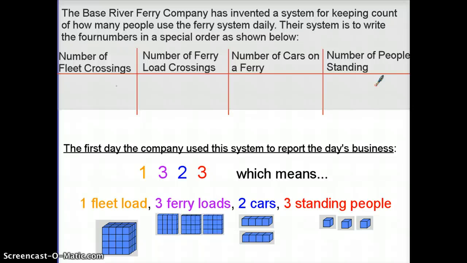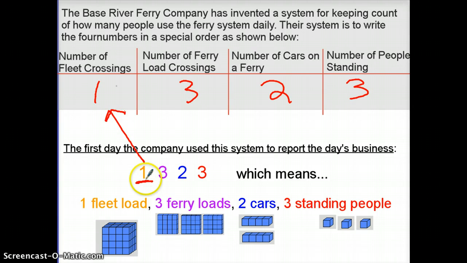After we talk about their system, I will show them a record from the Base River Ferry Company from one of the days, which looks like this: 1, 3, 2, 3. This is exactly what it means using that positional system. The 1 position means the number of fleet crossings, so there was only 1 fleet load, which looks like this.